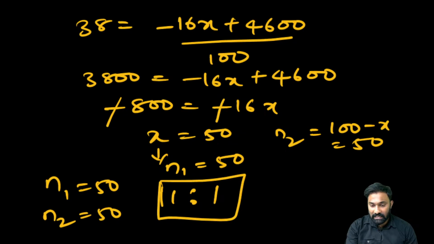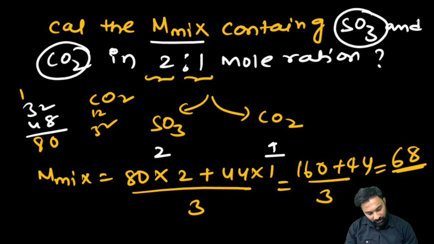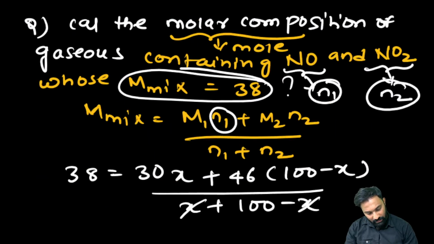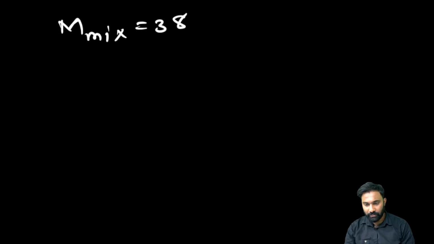Right? Without calculation, how do we do these questions? See here, in the question, M average they have given is 38, right?